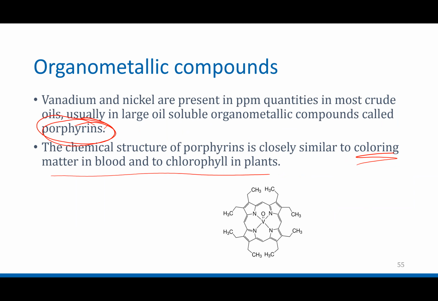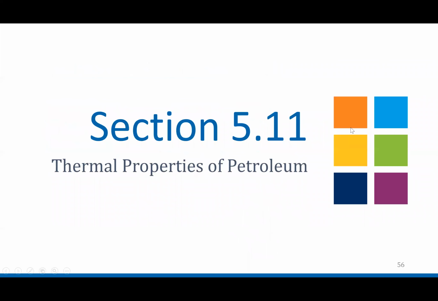So the fact that there's chemicals similar to blood or chlorophyll, not the same chemicals, similar, would make sense. But yeah, crude oil, definitely dark black, usually very viscous. If you're not familiar with the word viscous, it means thickness, like honey is viscous, water is not.